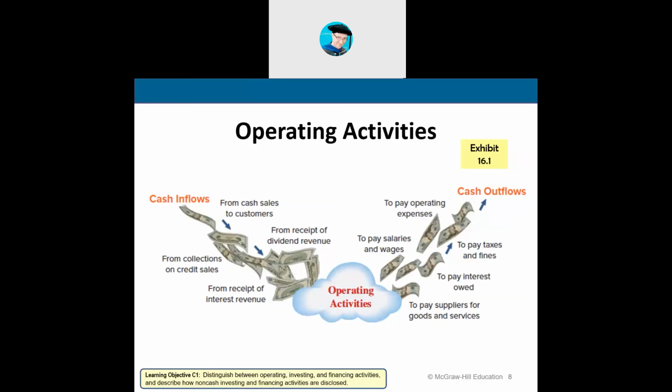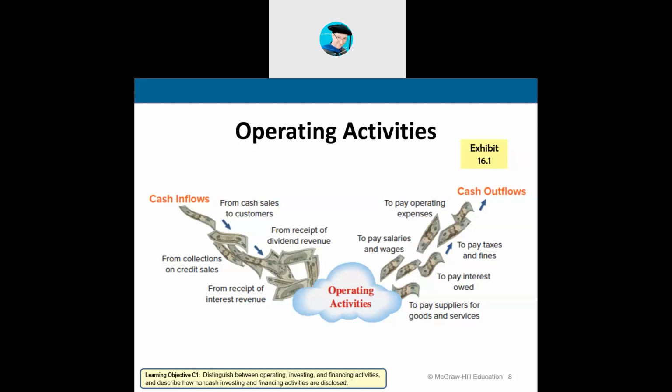So there's cash coming in and cash going out of the business. Cash inflows minus cash outflows equals net cash flow. Cash inflows for operating activities is the receipt of cash from our customers as a result of the sale of goods and services to our customers. Other cash inflows would include things like receiving cash from accounts receivable from our customers, receiving cash from interest revenue, or receiving cash as a result of dividend revenue from our investments.